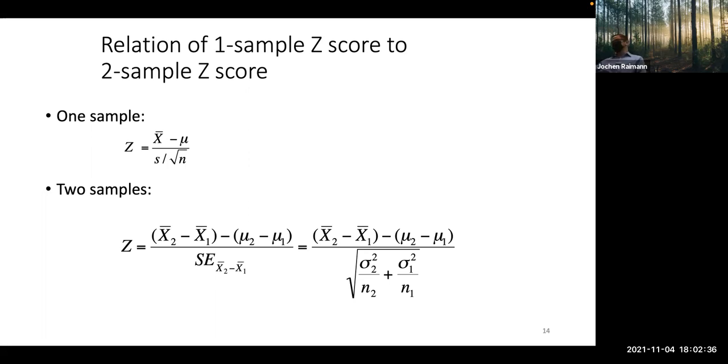You then divide by the standard error, which here you need to apportion to each sample population, because in an independent samples t-test these could also be different n's. So you need to apportion it, and this is called a pooled standard deviation.